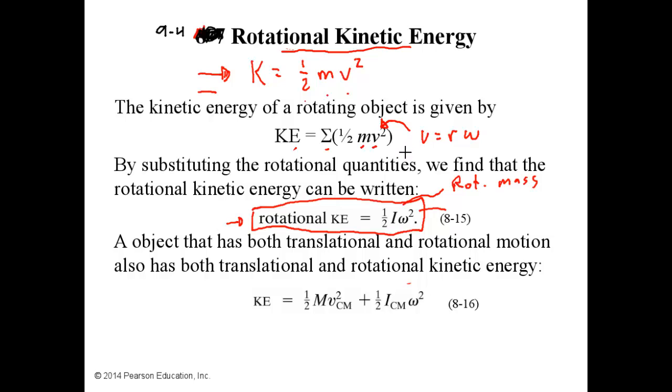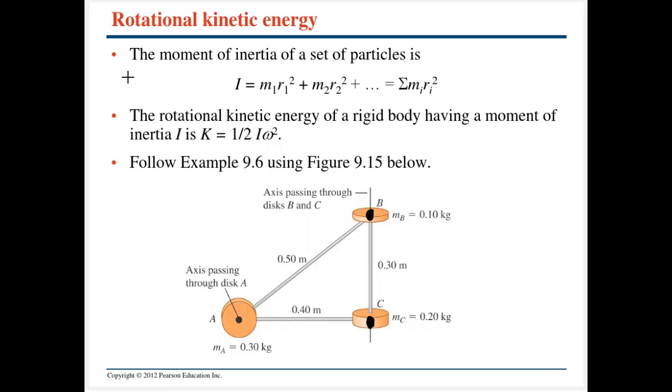An object that is both moving and rotating is going to have both types of energy associated with it, and we know that it is going to move and rotate about its center of mass. So we can write the kinetic energy of an object that is moving and rotating simply down here: 1/2 mass velocity squared at the center of mass, plus 1/2 the moment of inertia, or the rotational mass, multiplied by the angular velocity squared.